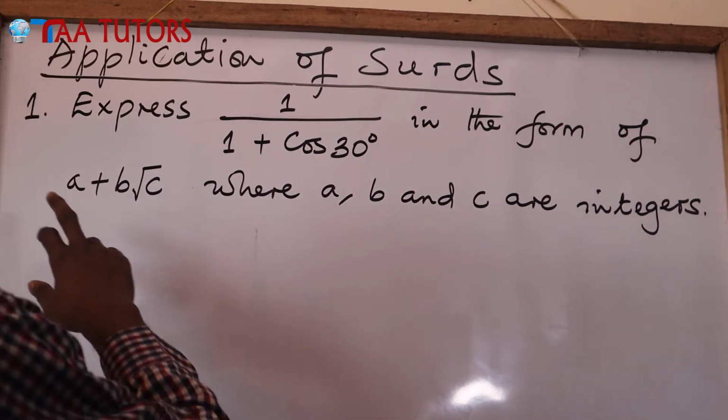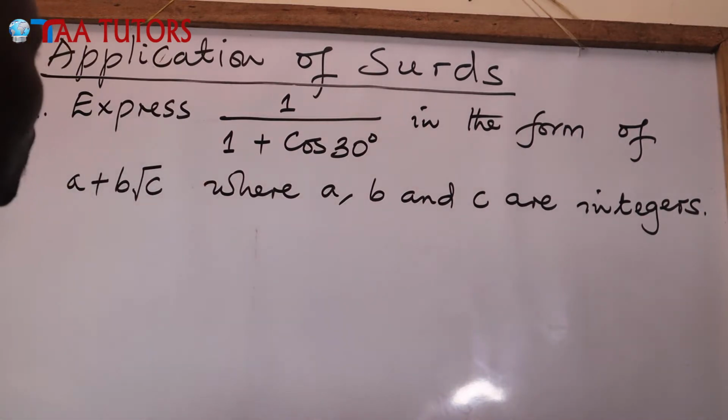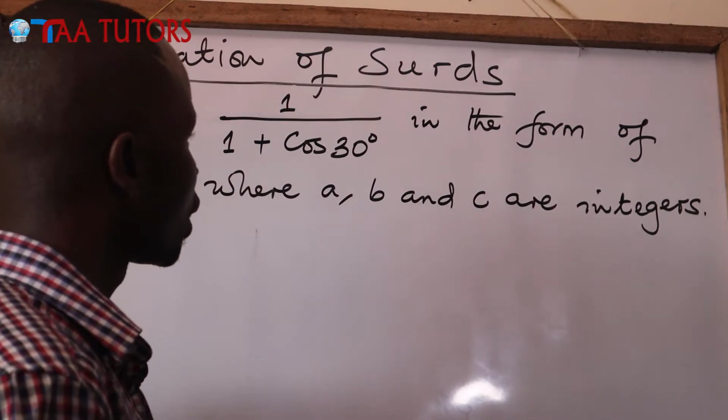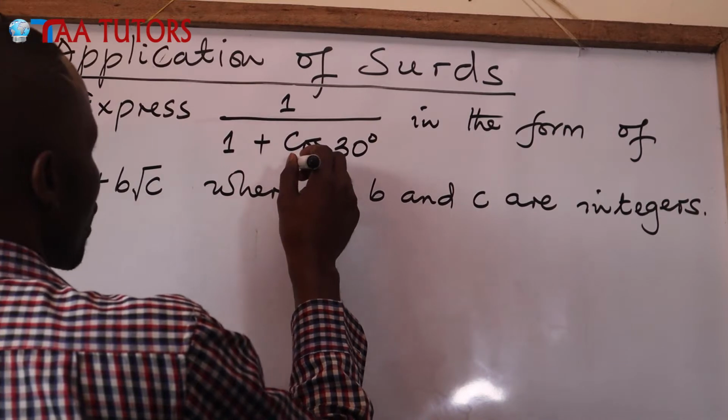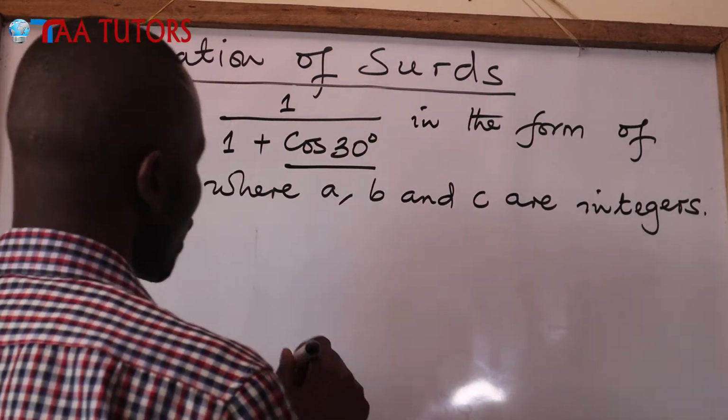Now we have question 1 here: express 1 divided by 1 plus cos 30 in the form a plus b Surd c, where a, b, and c are integers. This cos 30 is not a Surd, but surely we can get a Surd out of it.